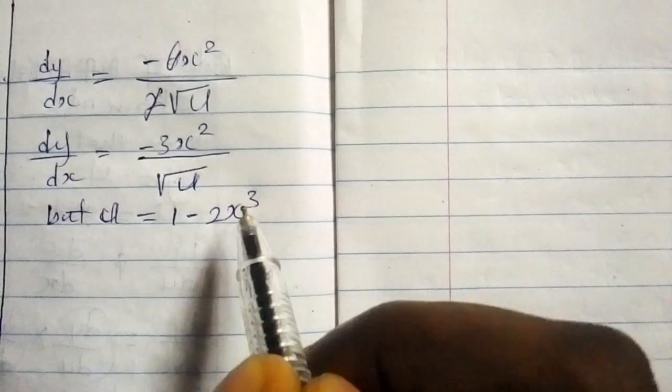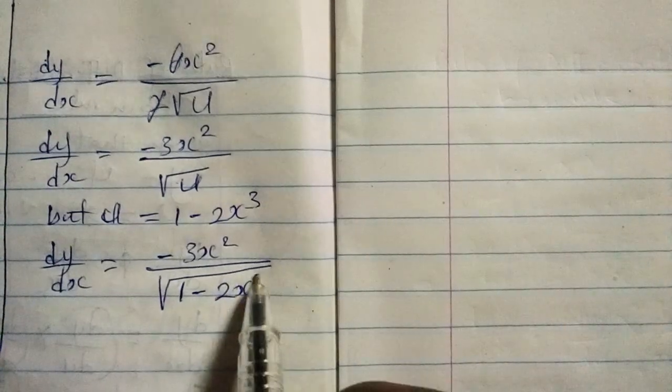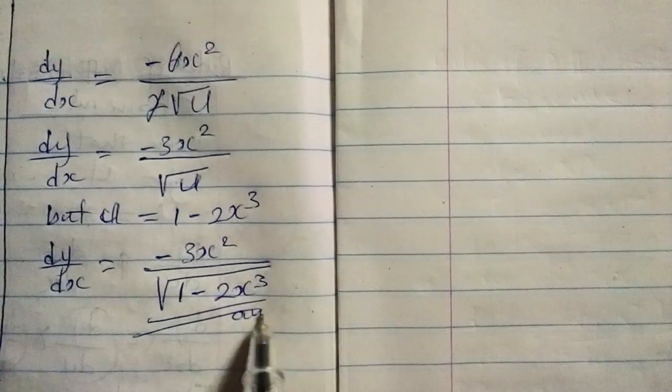The 2 will cancel out, then dy over dx is equal to minus 3x squared all over root u. But u is equal to 1 minus 2x raised to power 3, so we are going to substitute. So dy over dx finally is going to be minus 3x squared all over root of (1 minus 2x raised to power 3) as your answer.